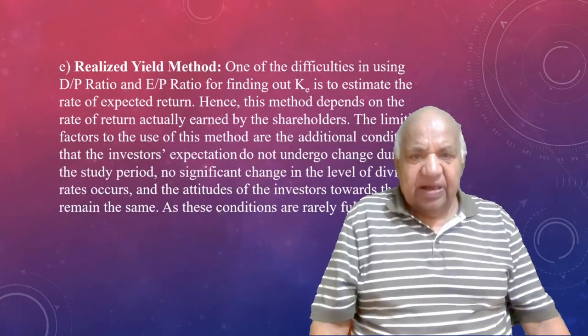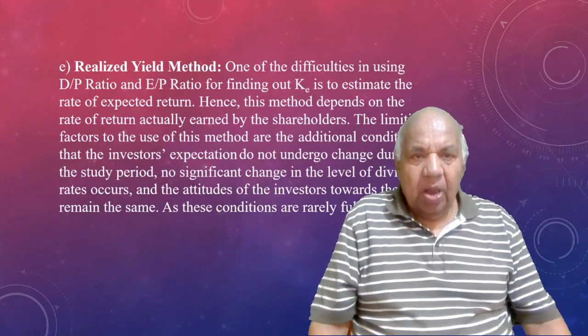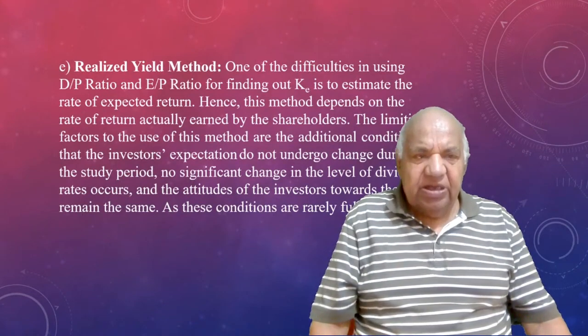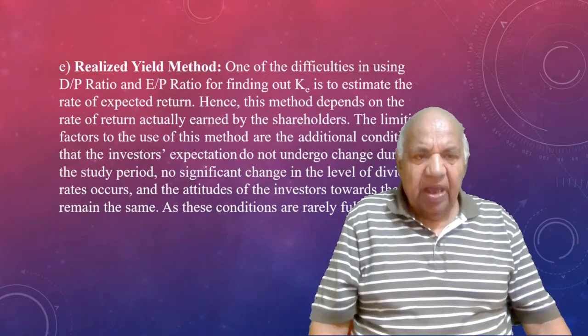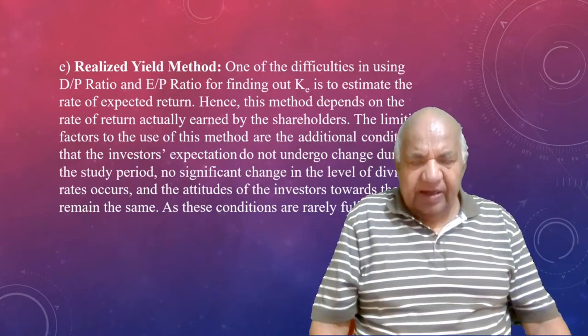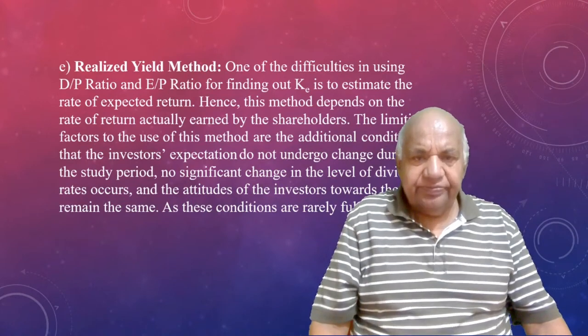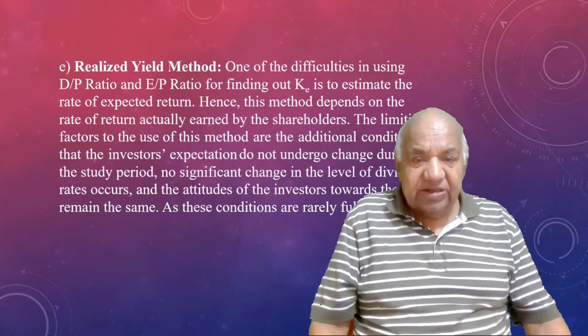Realized yield method. One of the difficulties in using DP ratio and EP ratio for finding out cost of capital is to estimate the rate of expected return. Hence, this method depends on the rate of return actually earned by the shareholders.